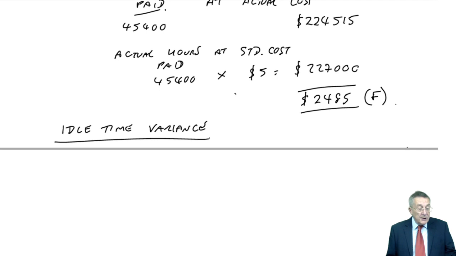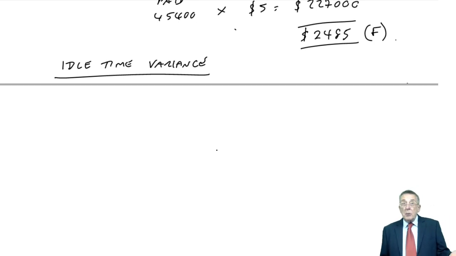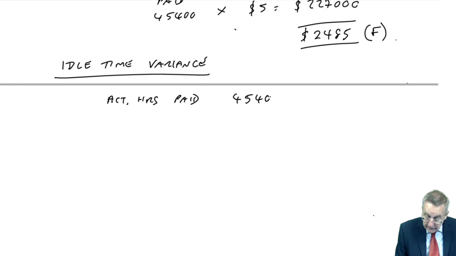And this is actually a very easy one because, if you've understood what I've said so far, it's almost automatic. We say, well, we want to know how much money we were wasting. You compare the actual hours paid, in hours. We paid 45,400.